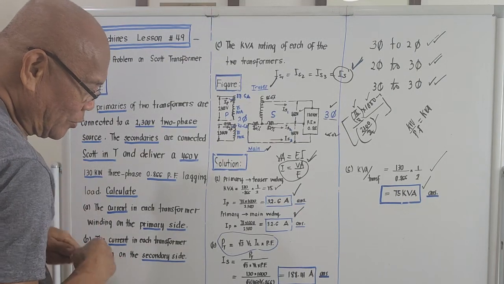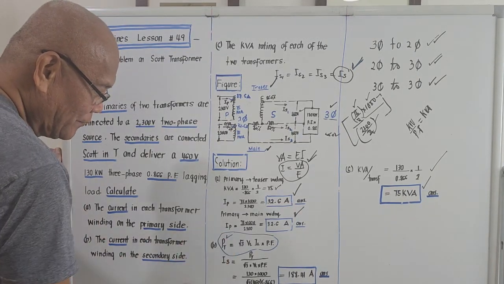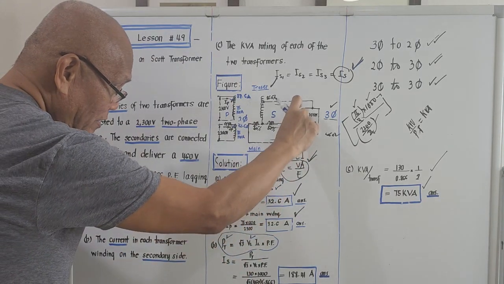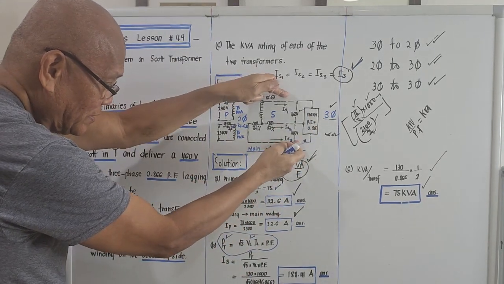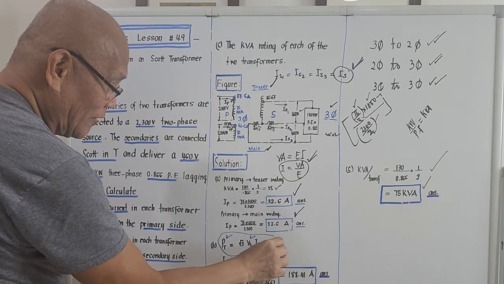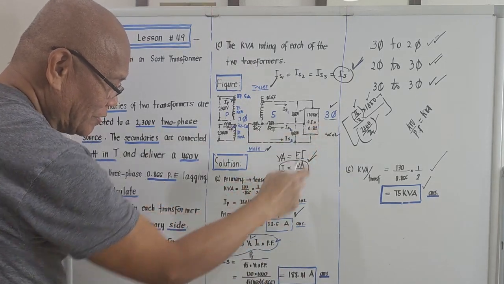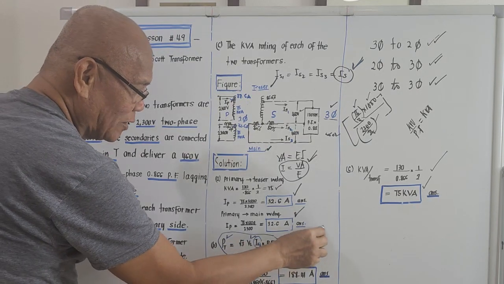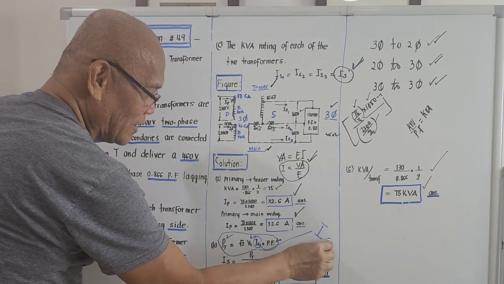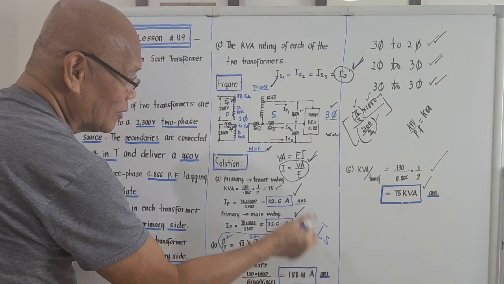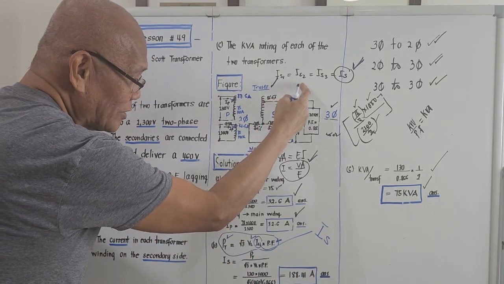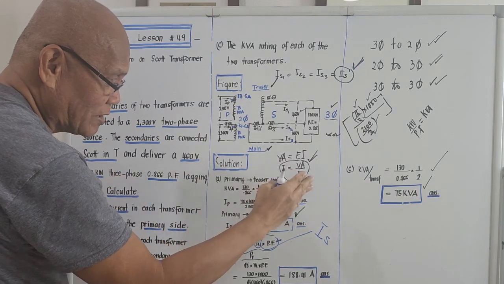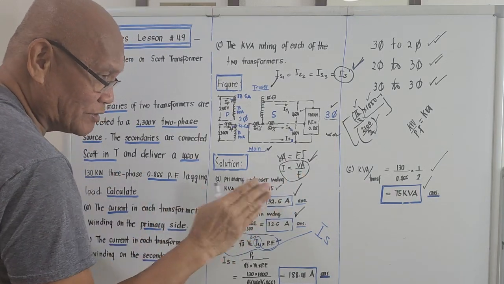Right? We are given P total. We are given the line to line voltage, it's 460. Right? And we are given the power factor. Power factor is 0.866. So we could compute for I sub L, and this I sub L we will just place as simply I sub S, which is equal to IS1 equal to IS2 equal to IS3. So the currents on the secondary side in all the lines are the same.